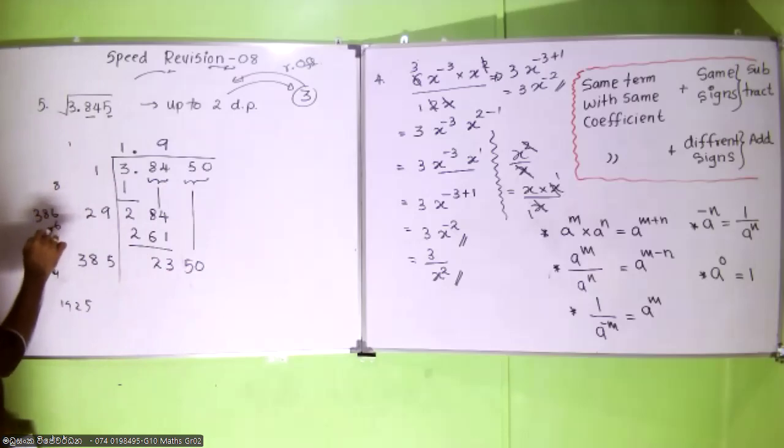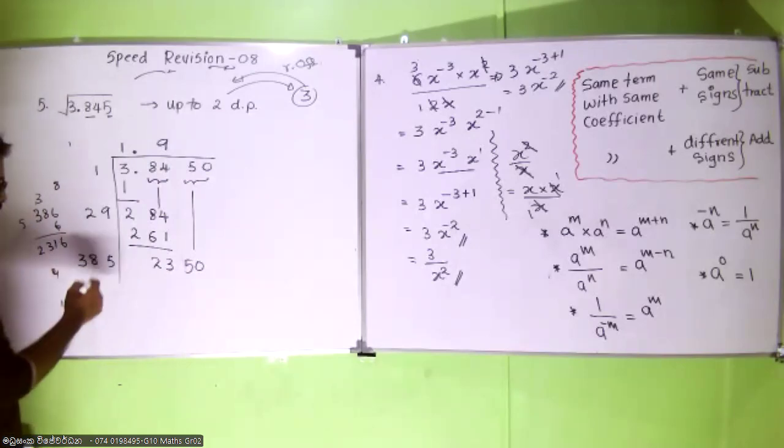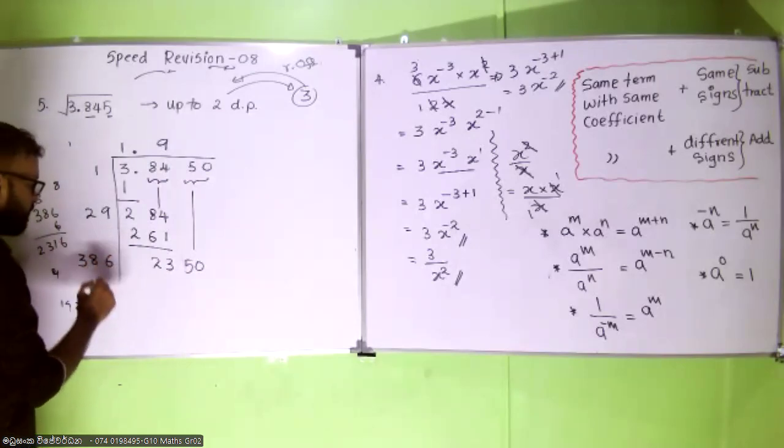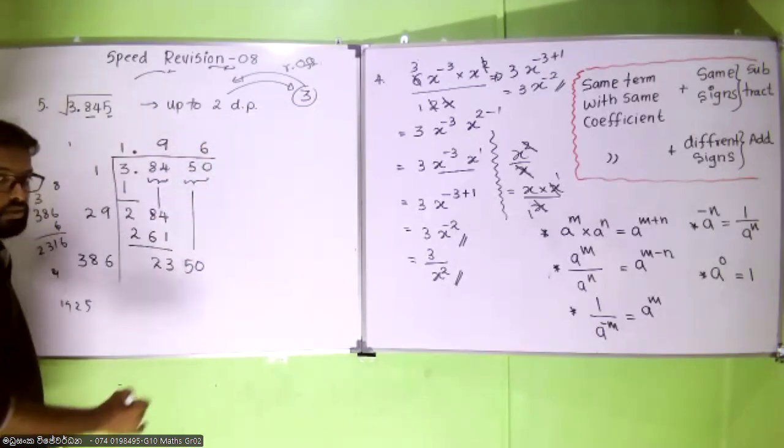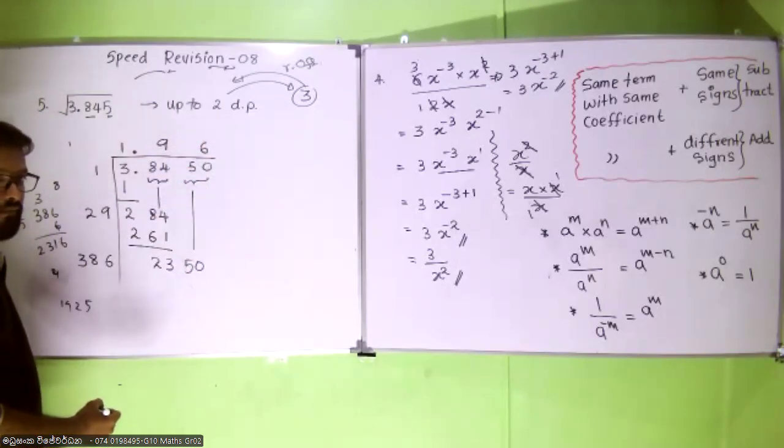Okay, what is the answer for this place? 48 plus 3, 51. 6 times 3, 18, 18, 23. Right? Yes, this should be 6.